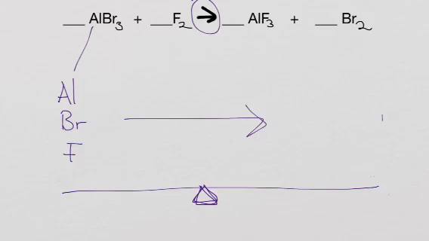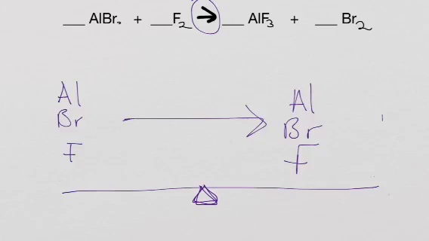I just went, okay, aluminum, bromine, and fluorine, but don't do that when you're doing the other side. Just copy it straight over from the left-hand side, and that way they'll match up. So I'm just going to copy over to this side, Al, Br, and F. Let me get rid of this arrow.